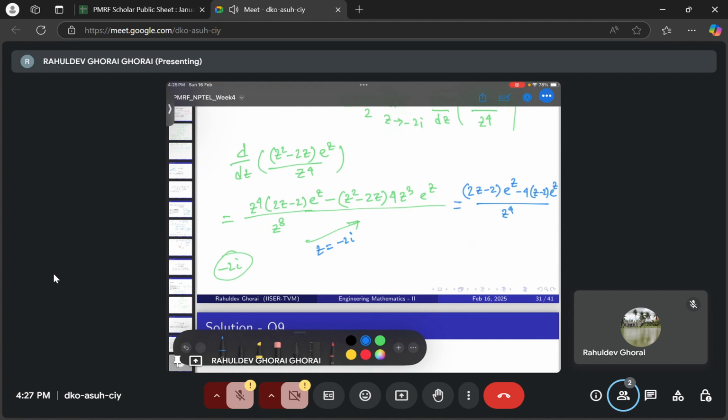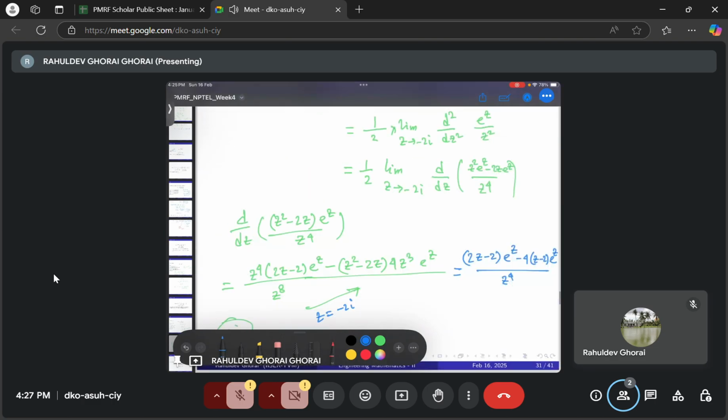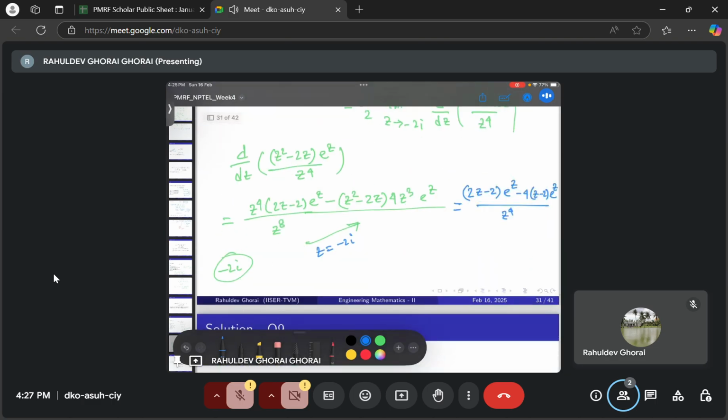If you put z equal to minus 2i, so what I mean is the limit, this one you can write equal to minus 4i minus 2 e to the power minus 2i minus 4, minus 2i minus 2 e to the power minus 2i over minus 2i to the power 4.